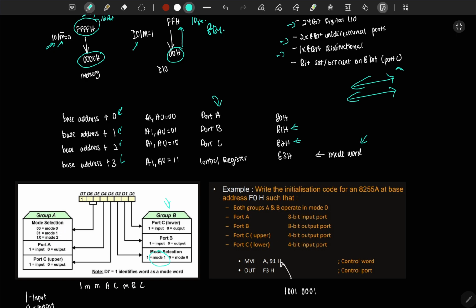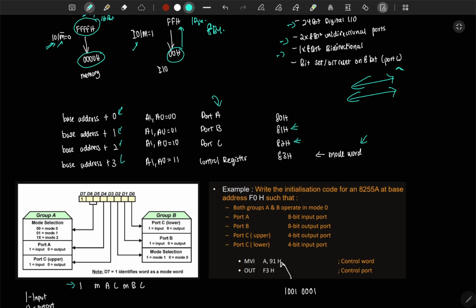Okay, so the easiest way to remember this without the diagram is this: 1 M M A C B C, or you could remember this with any mnemonic that you want. The first bit is always set to 1 and these 2 are for mode.